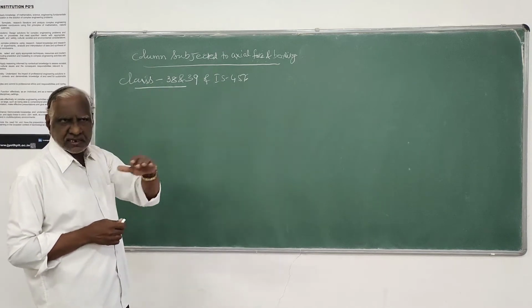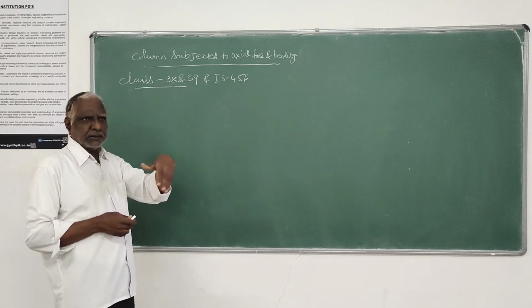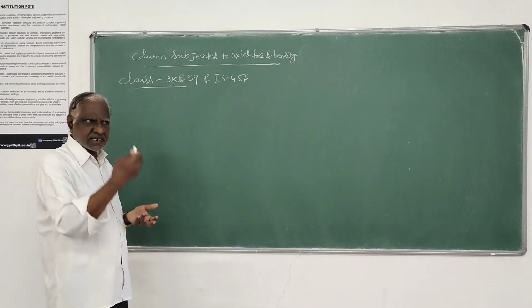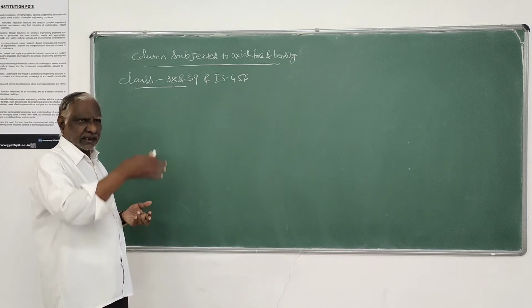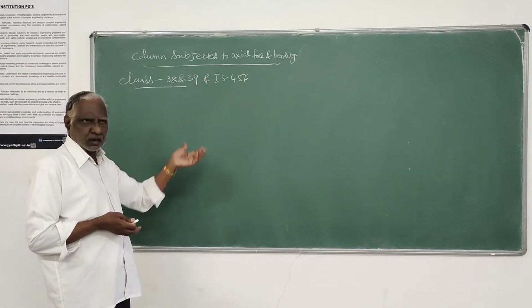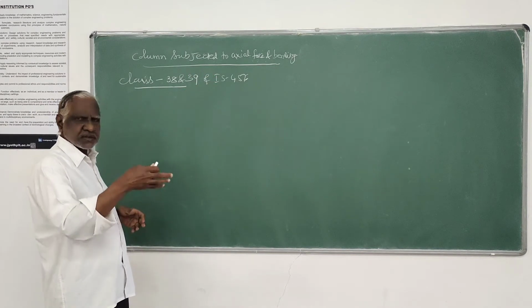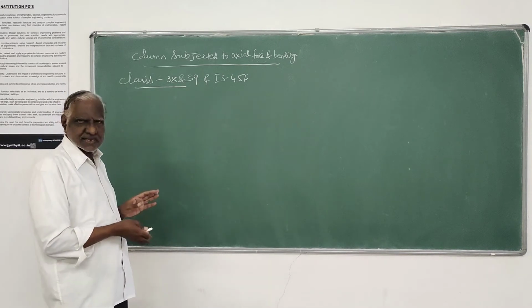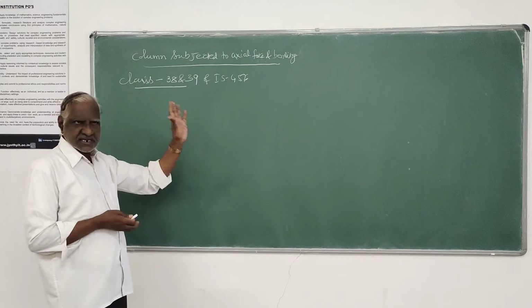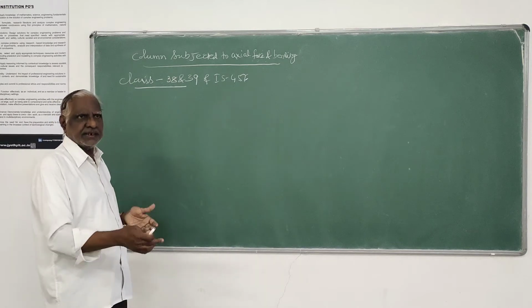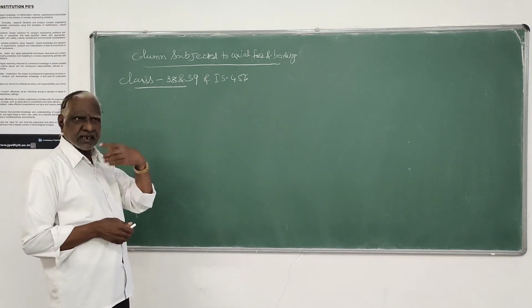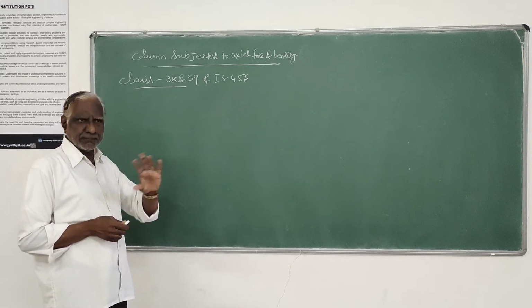Some basic assumptions also they have given. Each plane section remains plane even after bending. What is the maximum strain in concrete on account of this bending, that is 0.0035, which is maximally stressed, as well as what is the strain in steel, and the stress-strain curve for concrete, idealized for both mild steel as well as cold deformed bars.